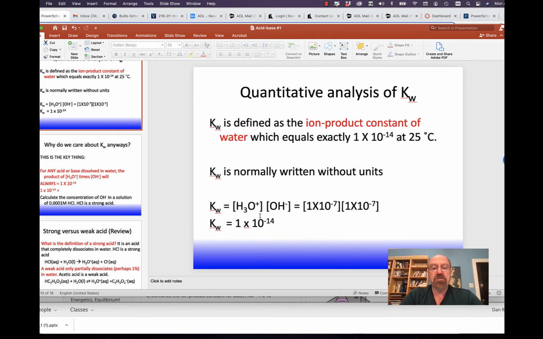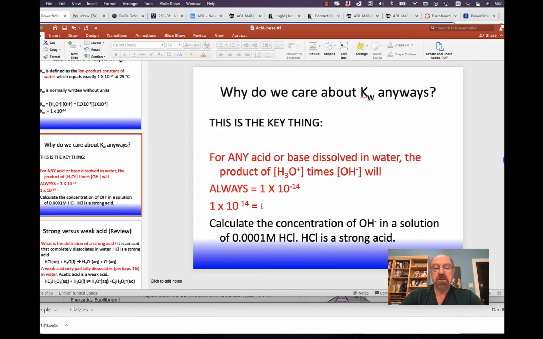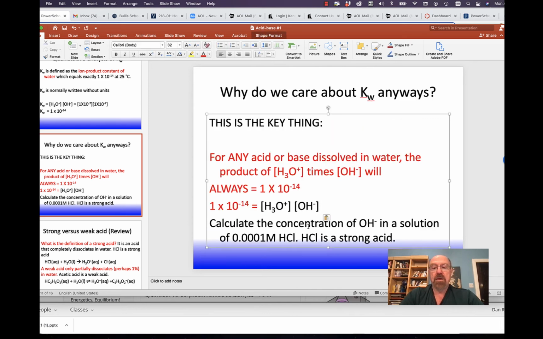It's going to be easier. Okay, so let's bring it down, put it here. This is our equality, which we got from the previous slide. The value for Kw will always equal the hydronium ion concentration times the hydroxide ion concentration.